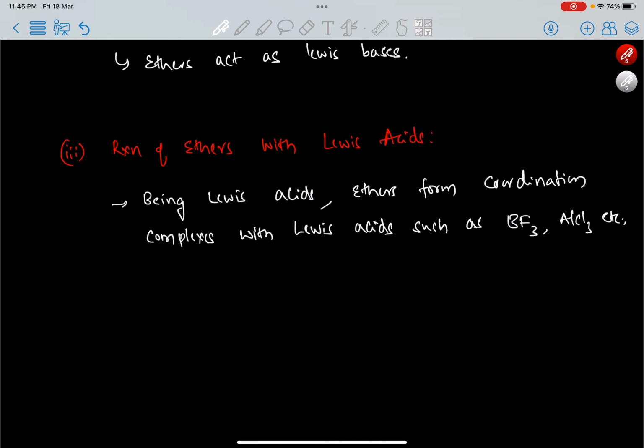So for example, if I have this ether, now when it combines with BF3, what happens? It forms a complex. What kind of complex? Let us see. The lone pair, it donates, it forms a coordination compound with this BF3.